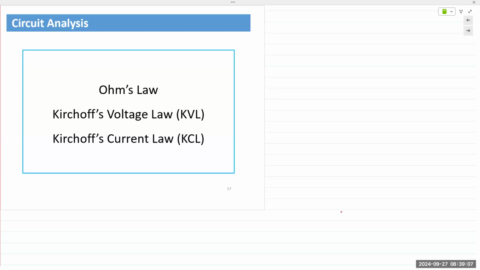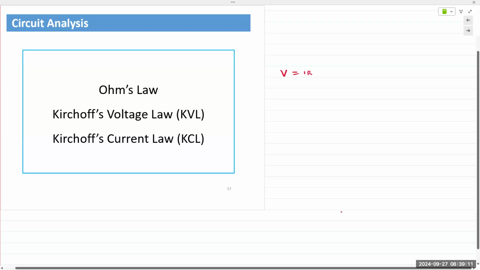Ohm's law is basically V equals IR. KVL is you sum up the voltages around the loop. Sum of voltages is equal to 0. And KCL is all currents through a node should sum up to 0.